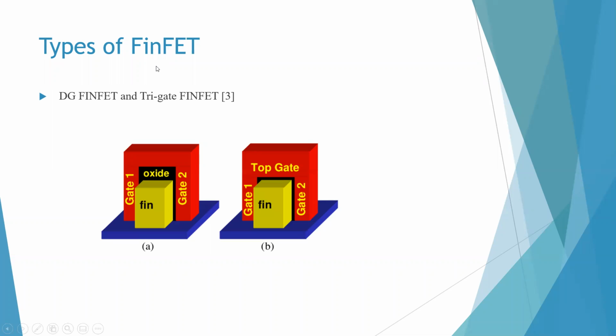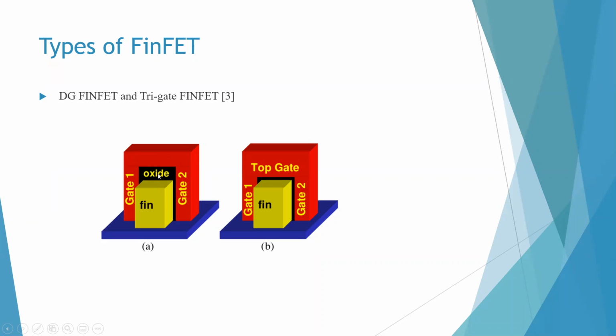So there are basically two types of FinFETs, double-gate FinFET and tri-gate FinFET. And we can see from the figure here that there is a vast difference between the gate and the channel.